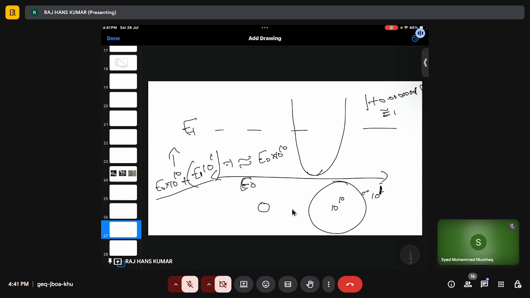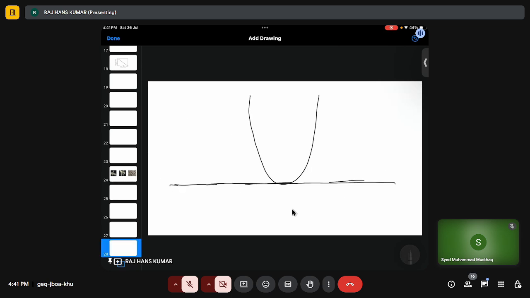This addition will give me the total energy of the system. This is my E1, this is my E0. My total energy will just lie here. So this is my E total, that means the system energy.